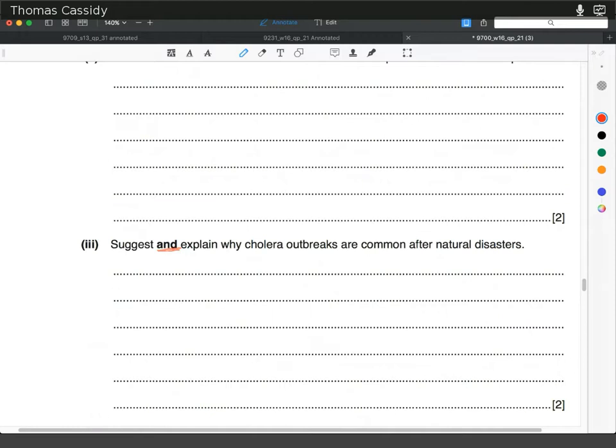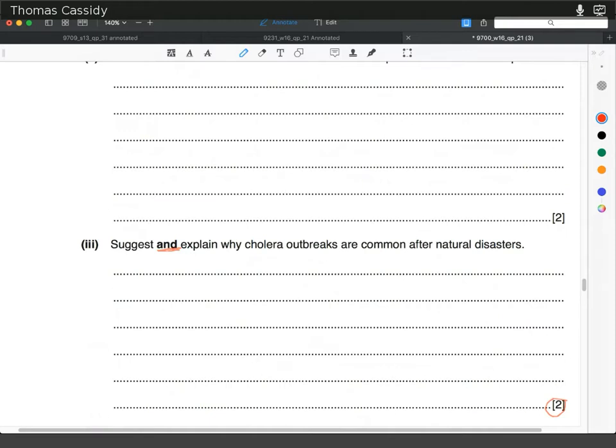We can suggest any number of things, really. There's a big list. Maybe there's an earthquake and it damages the water pipe systems, so sewage and clean water get mixed up, and cholera is spread that way.